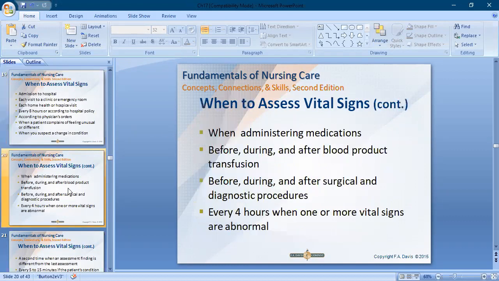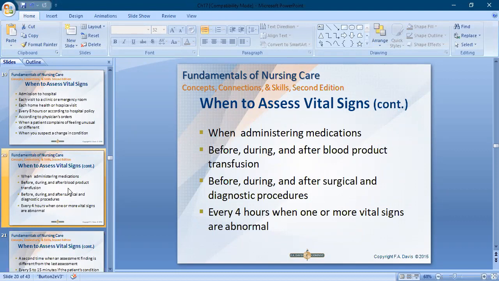And now continuation. When administering medication, suppose you are going to give a medication to the patient, better to check the vital signs before. And before, during, or after blood product transfusion, we also check the vital signs.